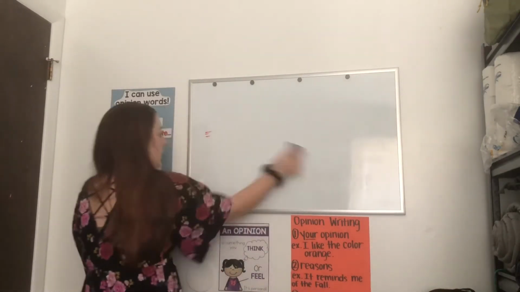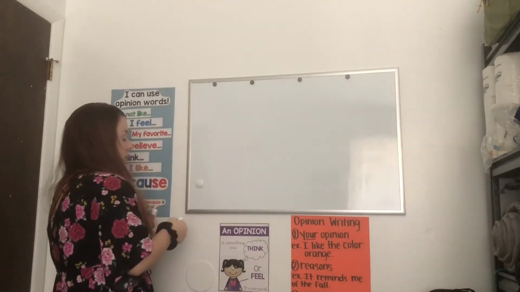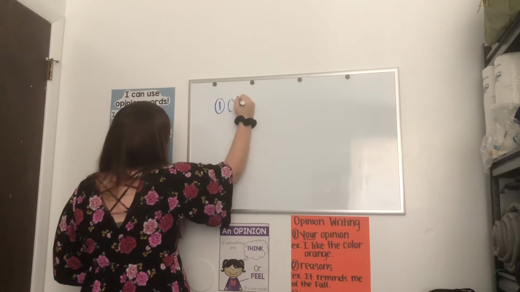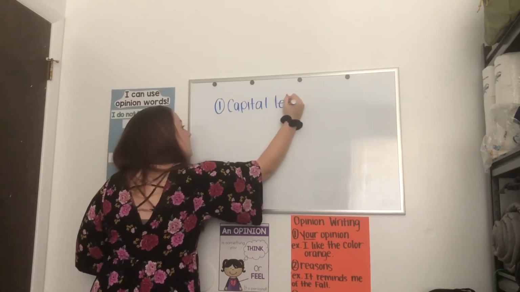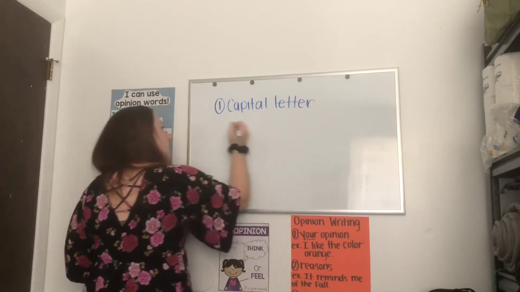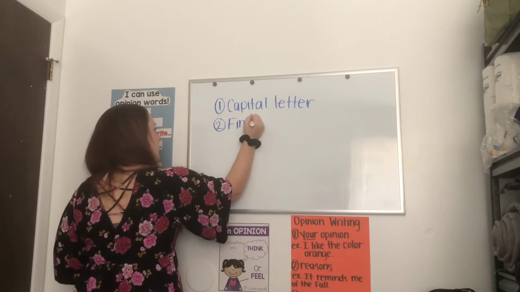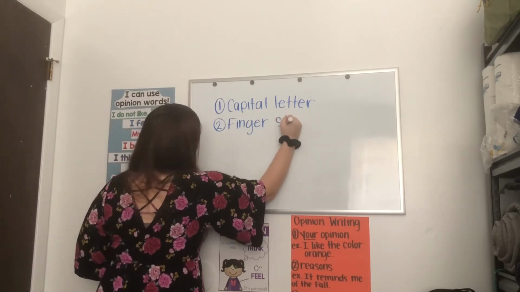We need in our sentences a capital letter at the beginning. So first one is a capital letter. We need finger spaces. And when I say finger spaces, I mean that you can write, do 2 fingers, and then write your next word.